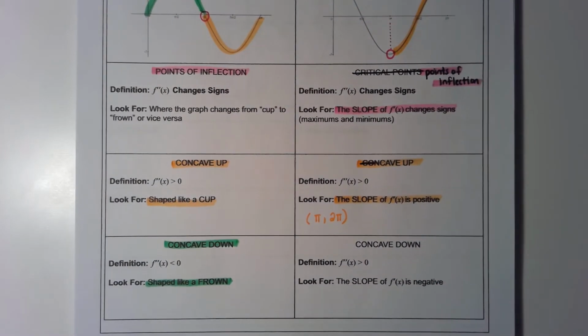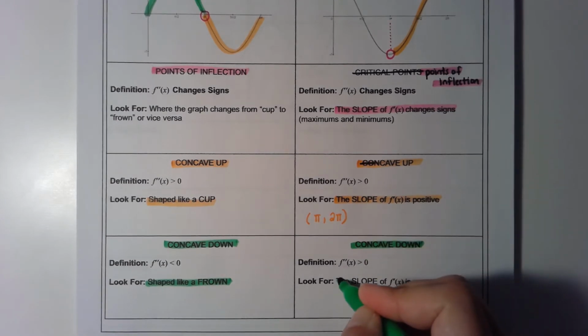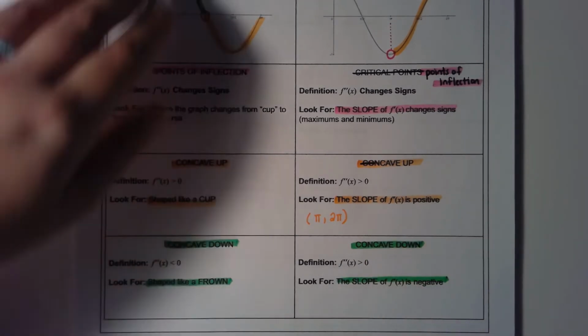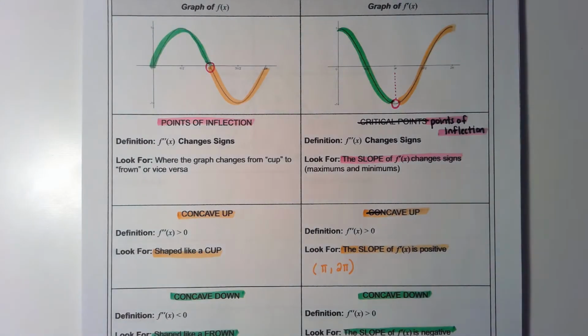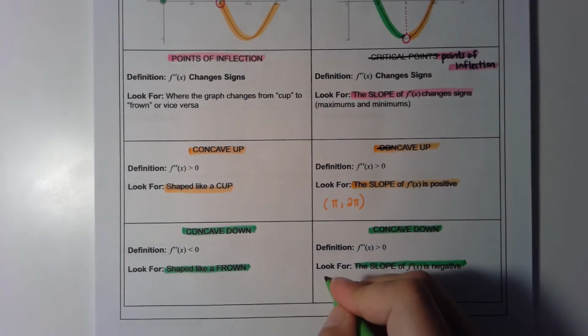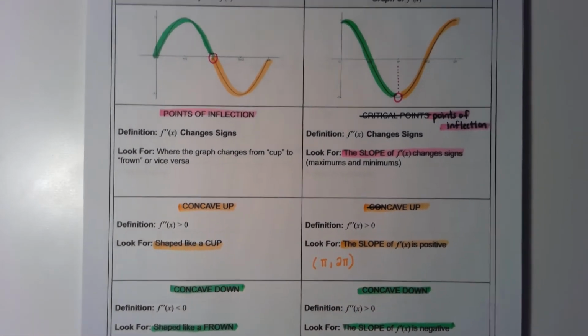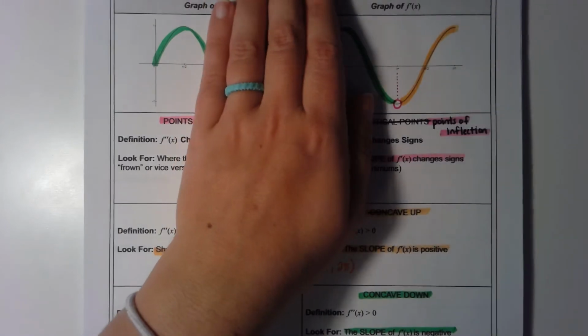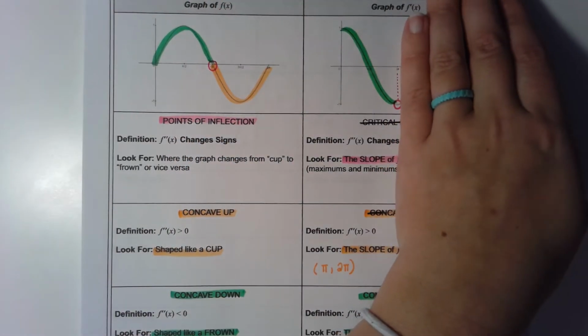And we would know that the original graph is concave down when the slope of f prime is negative. And so that would be this first section of the graph right here, which again, we use open parentheses, so 0, comma, pi. Now, if you look at the intervals, it's the same intervals: between 0 and pi, this graph was concave down. Between 0 and pi, this graph was going downhill.